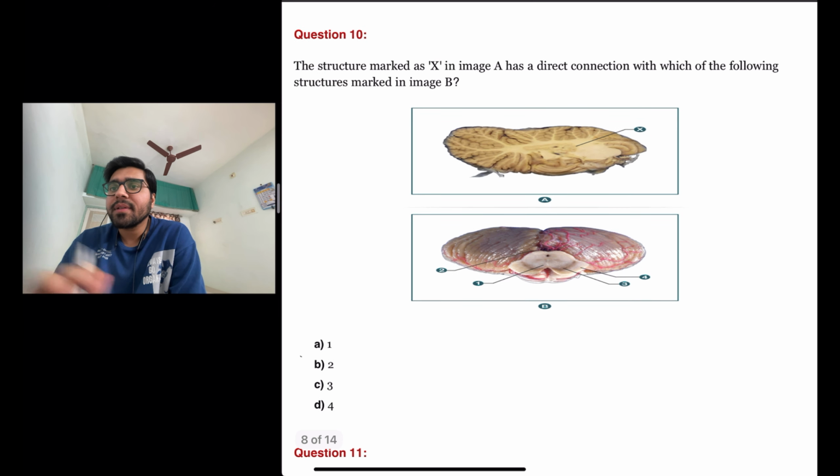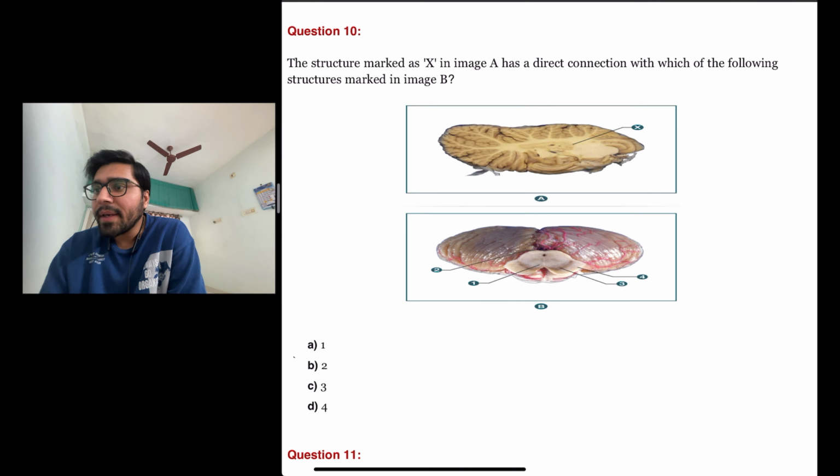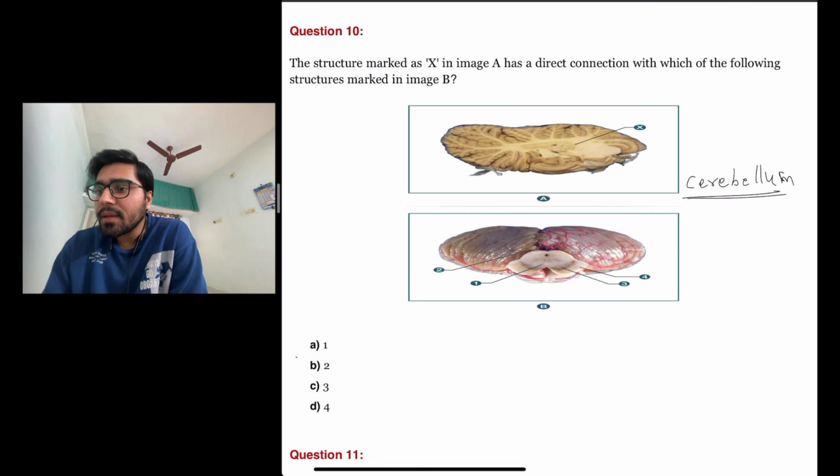The next question is the structure marked as X in the image A has a direct connection with which of the following structures marked in the image B? So the image A is showing the cerebellum and the image B is showing the brainstem.